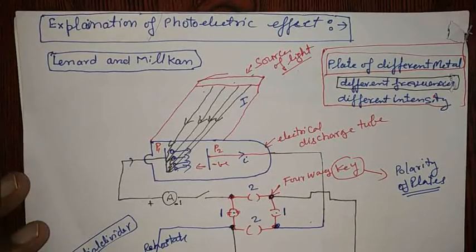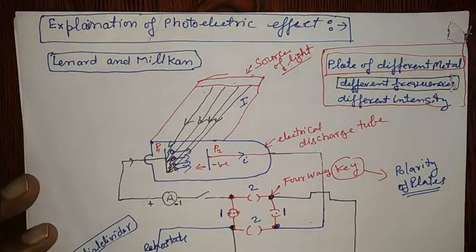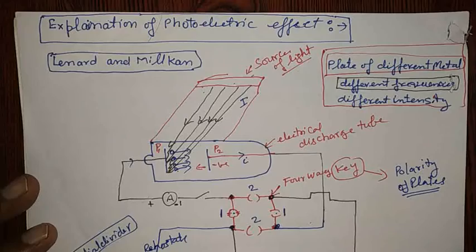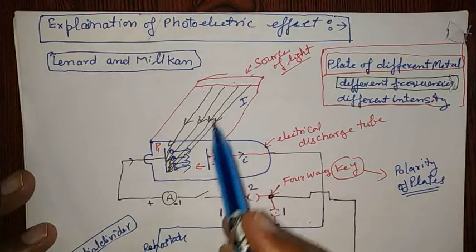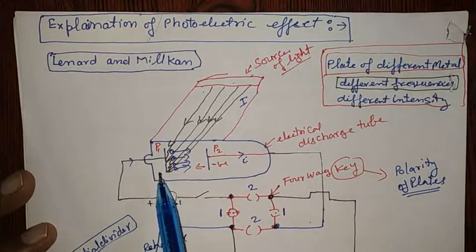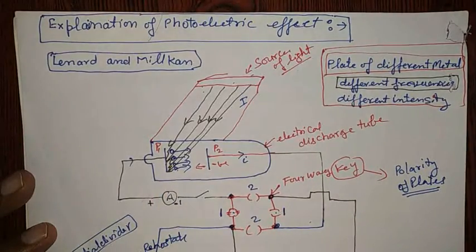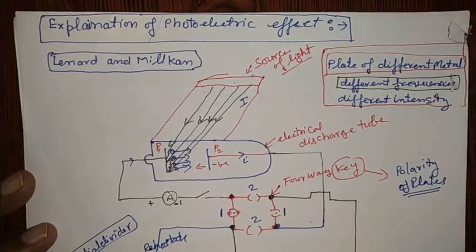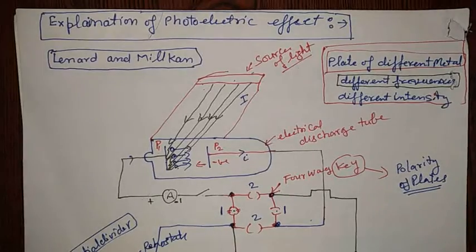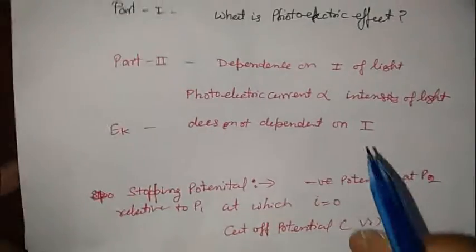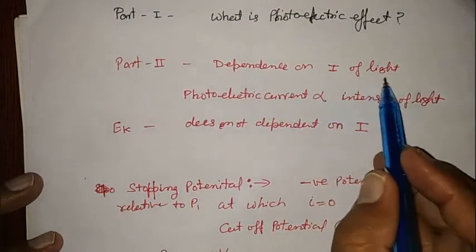Whereas in the second part of the photoelectric effect, we saw the experimental explanation, in which light rays were allowed to fall on plates P1 and P2, and we saw the dependence on the intensity of light.